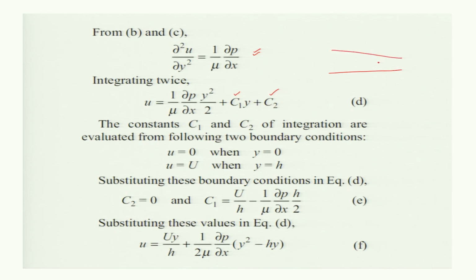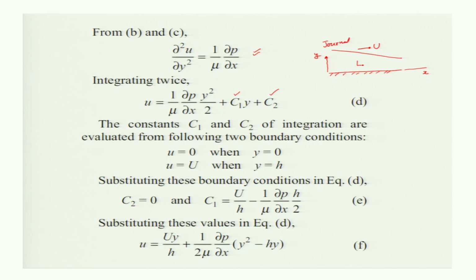and this is the bearing surface and this is the journal surface, the journal or the shaft, and this shaft is moving with velocity U, and the coordinates are something like this. This is your y coordinate, this is your x coordinate. So when y is 0, what will be the velocity of the fluid?